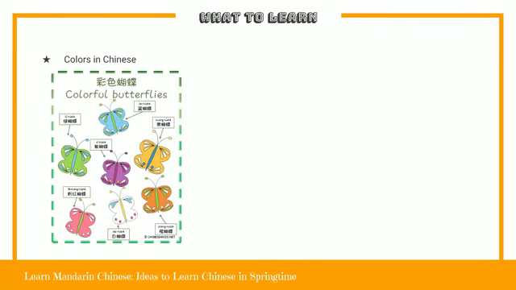So we can introduce different colors to the kids by using butterflies, as we mentioned last week as well. The different colors can be 蓝蝴蝶、黄蝴蝶、橙蝴蝶、白蝴蝶、粉红蝴蝶、紫蝴蝶、绿蝴蝶. So all kinds of different colors. And this is also fun for the kids to do.